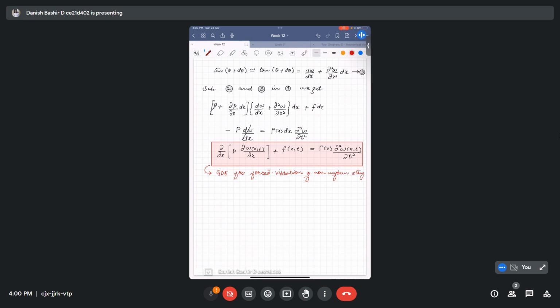Why it is non-uniform? Because here the linear mass density is also varying, and this tension is also varying. So we will write one more category into this: if the string is uniform and tension is constant.